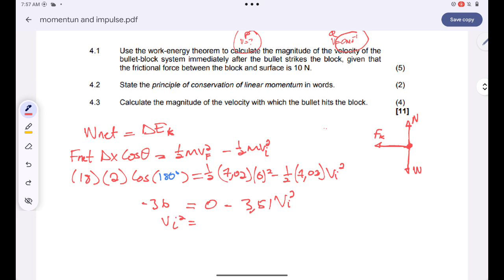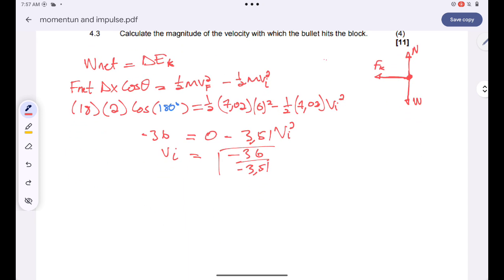Vi is equal to the square root of negative 36 all over negative 3.51. What do I get? The square root of negative 36 all over negative 3.51.